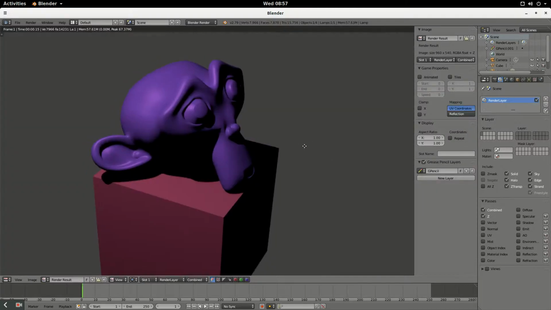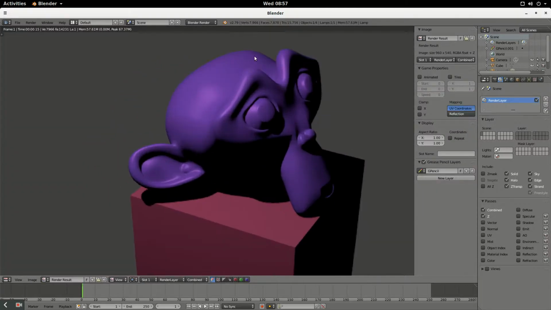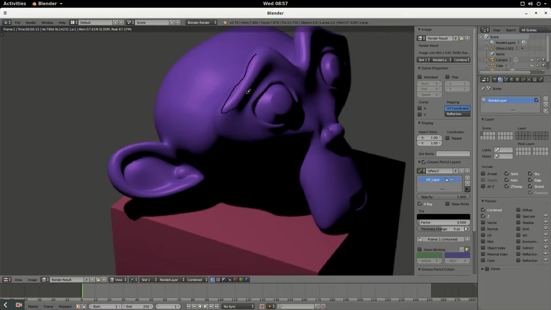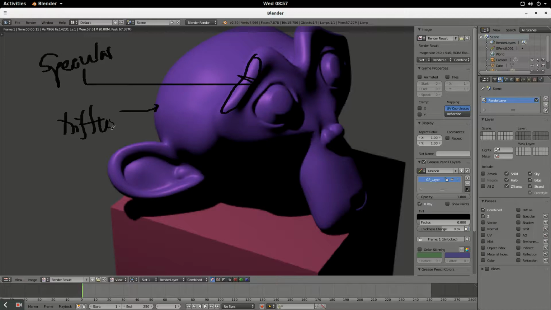Yeah, that'll do. What I want to say is that if you look at these shiny parts, these are due to the specular component. So this is specular. And this matte part that's not shiny, that's our diffuse.